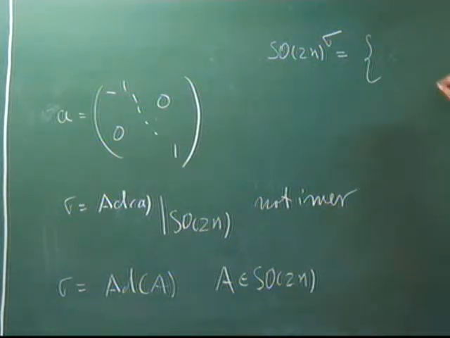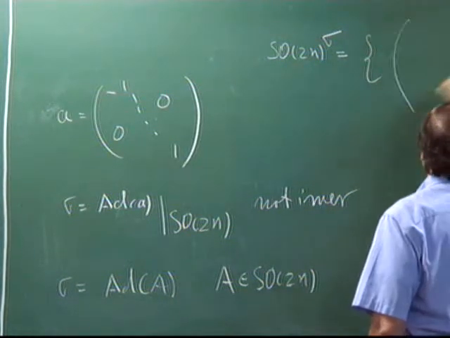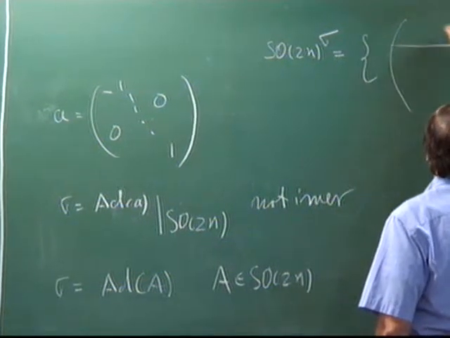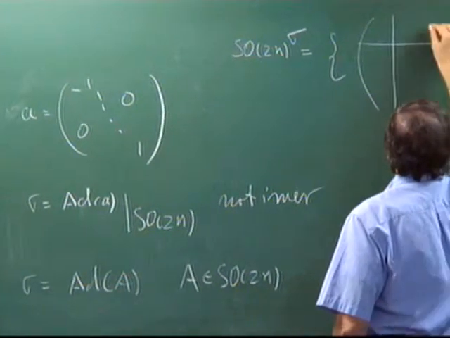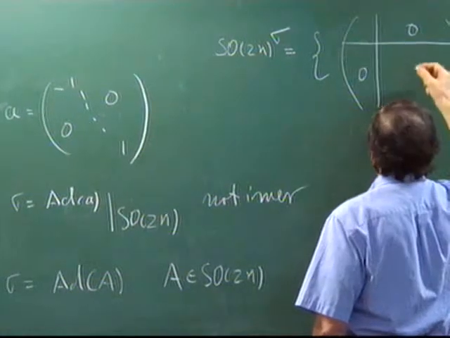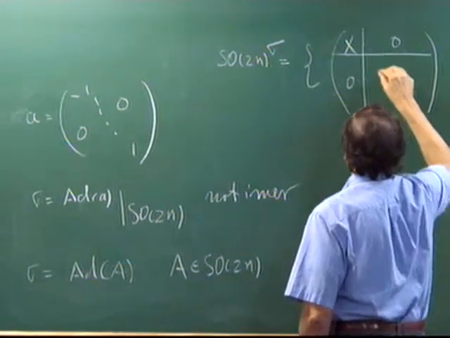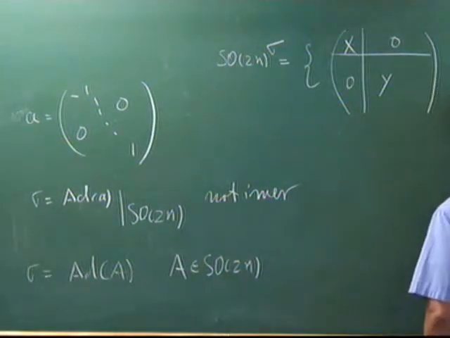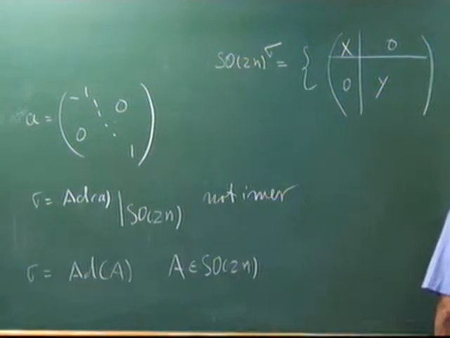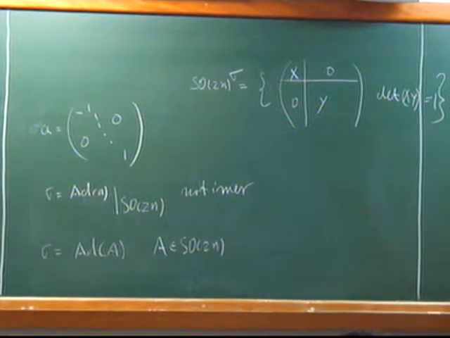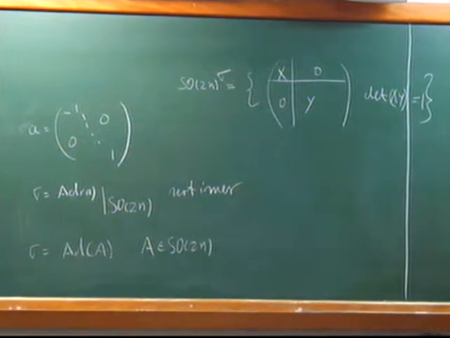Block forms, right? So 0, 0, x, y, whatever, and that xy is equal to 1. Now we can argue as follows.